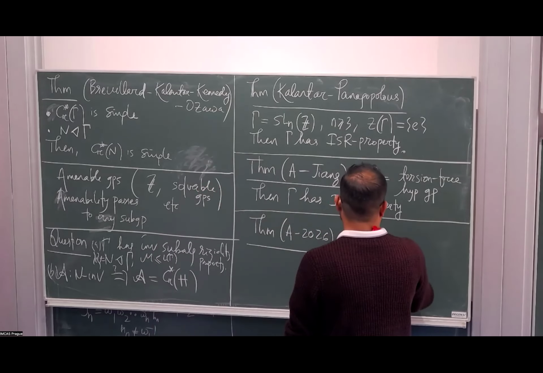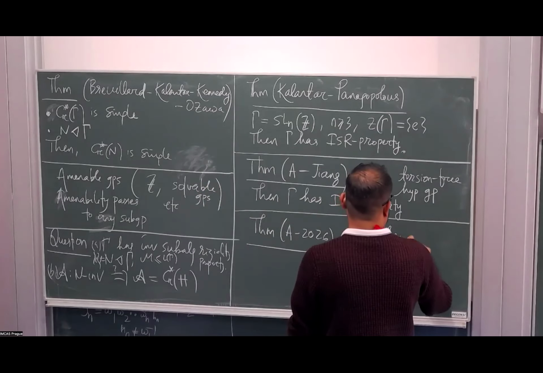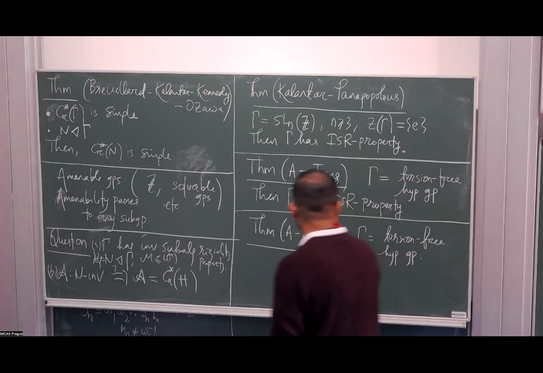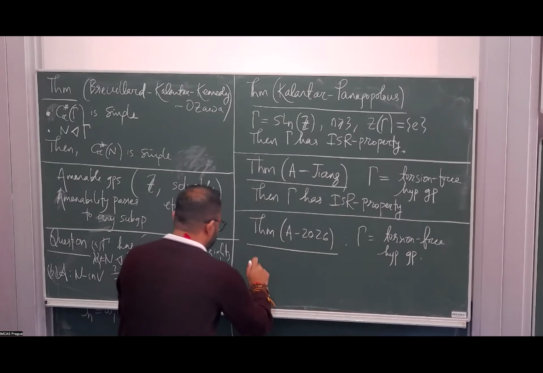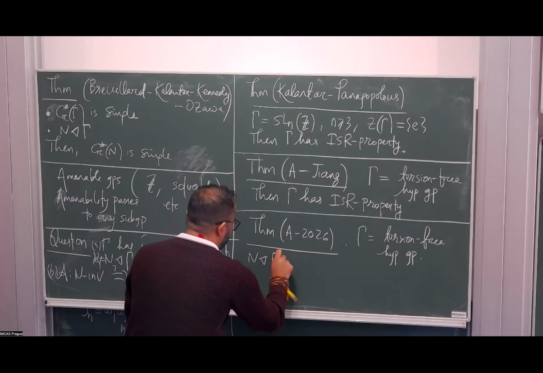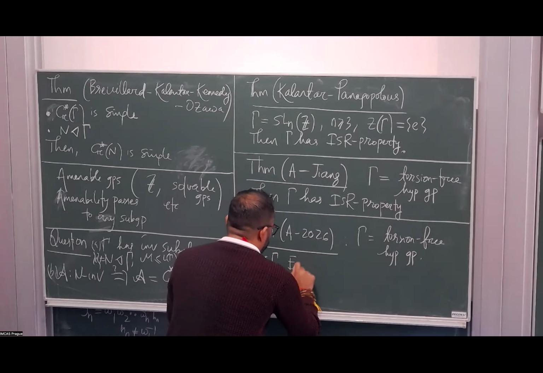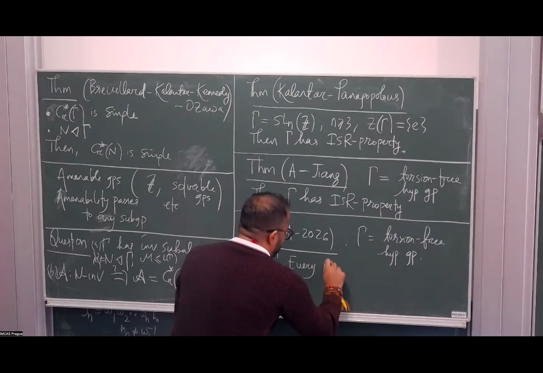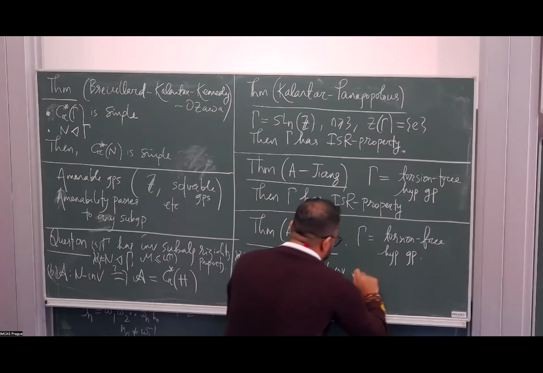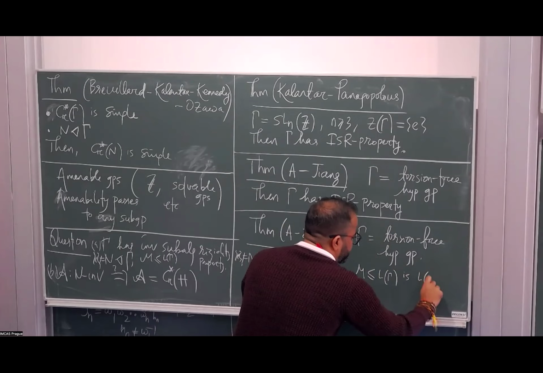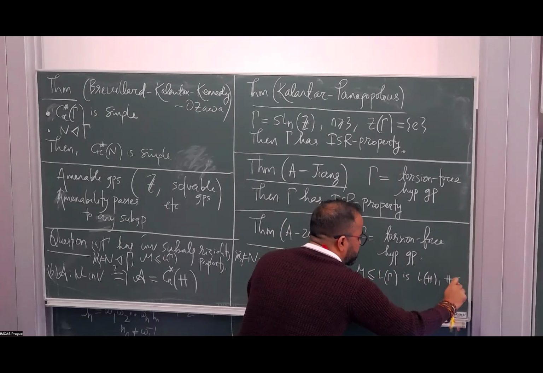that if we take gamma to be a torsion free hyperbolic group, and N to be any normal subgroup that you like, N non-trivial, sorry, then every N-invariant subalgebra is L of H for some subgroup.